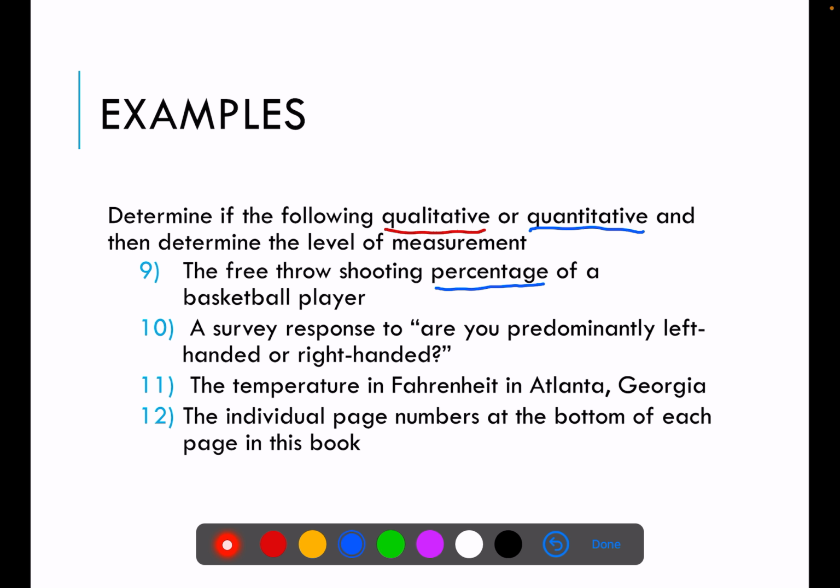How do we get a percentage? We usually divide the number of hits by the total number of throws, for example. So it is a ratio level, and because we can perform calculation on it, it is quantitative data type.